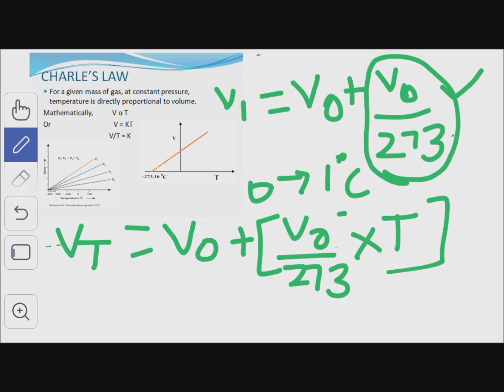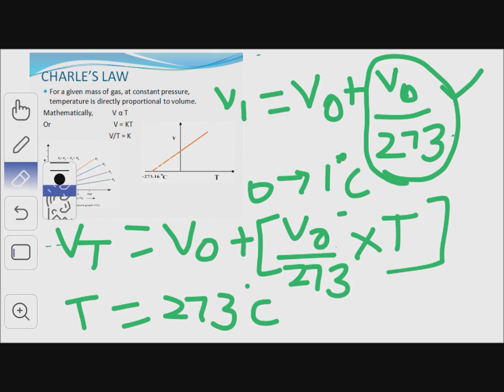Suppose we take this temperature as 273 degrees Celsius, then what will happen?